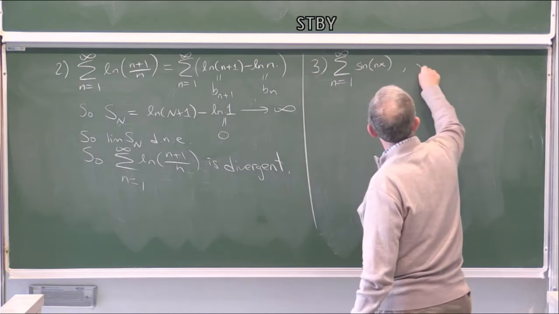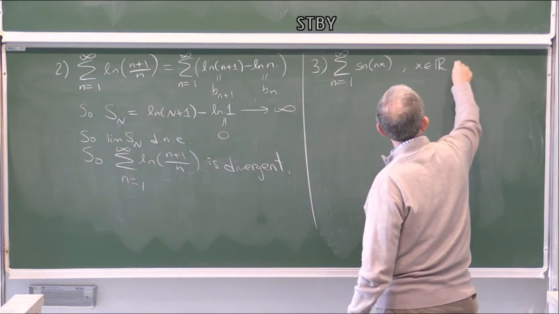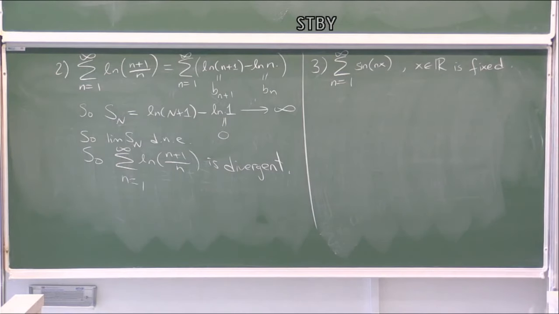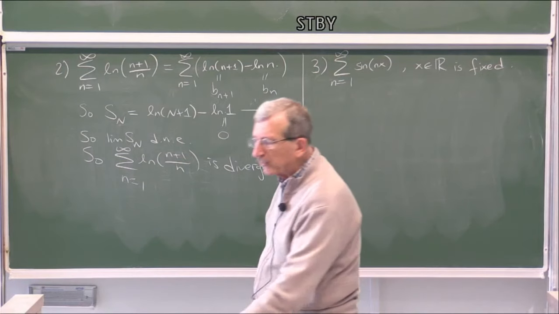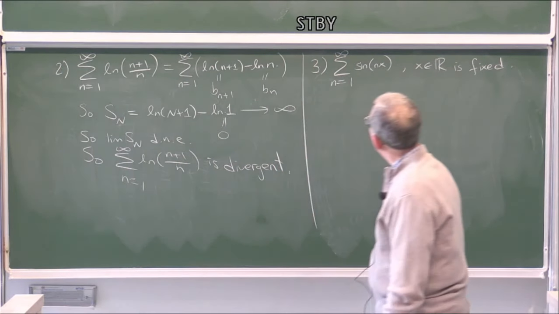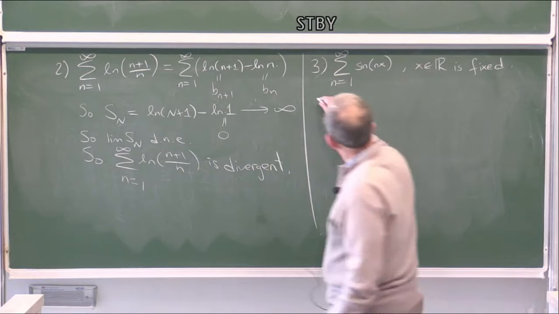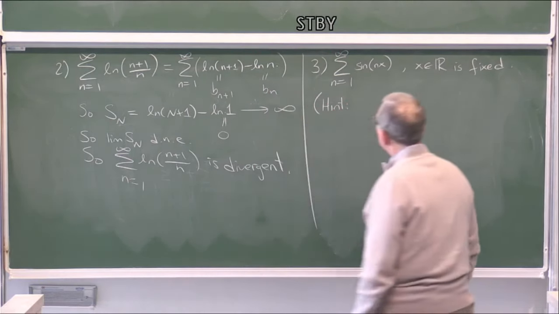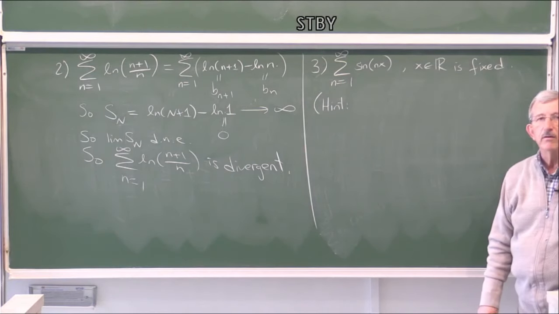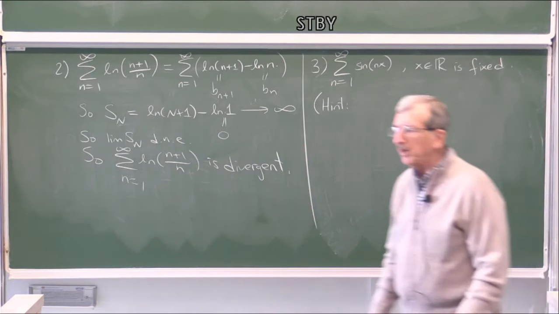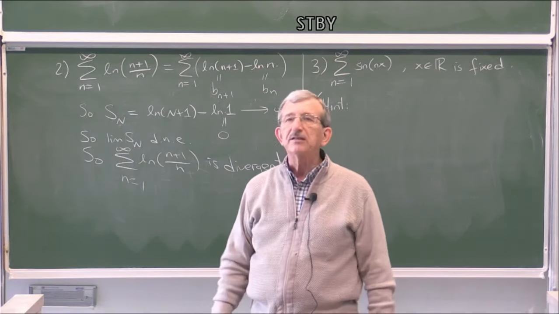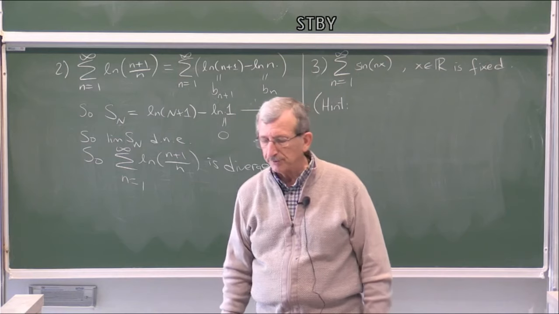Okay, here x is a fixed real number. Now, this is a very difficult series to check for convergence or divergence, okay? But let us observe the following hint. Now, in trigonometric products, the product of sine A and sine B can be represented as a difference of cosine functions.